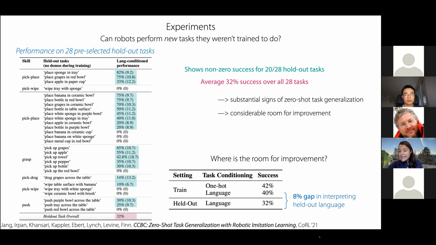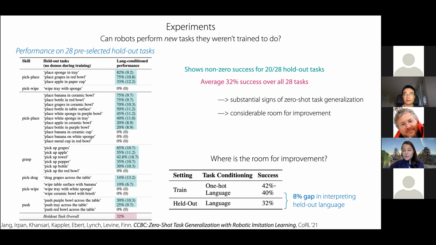And what we see is an 8% gap in interpreting the language instructions from the training set versus language instructions for held out tasks. We also see a 2% gap in interpreting one-hot vectors versus language instructions.